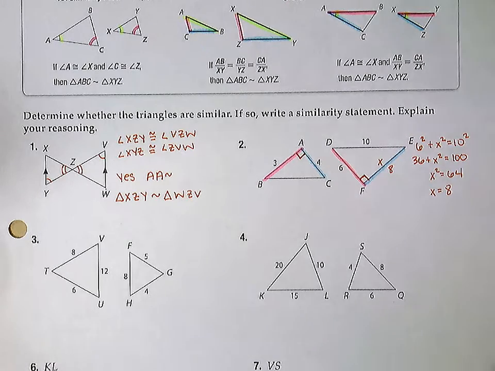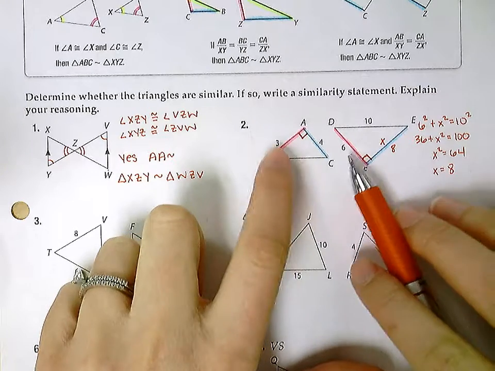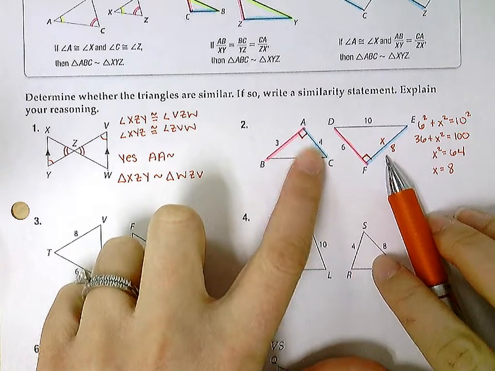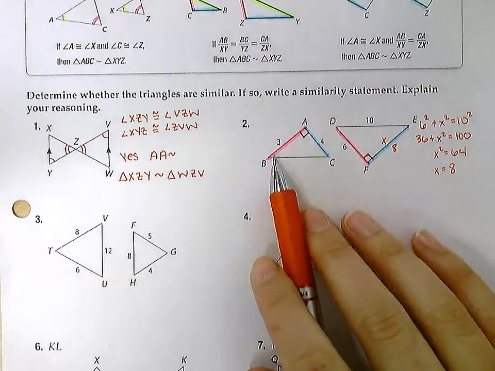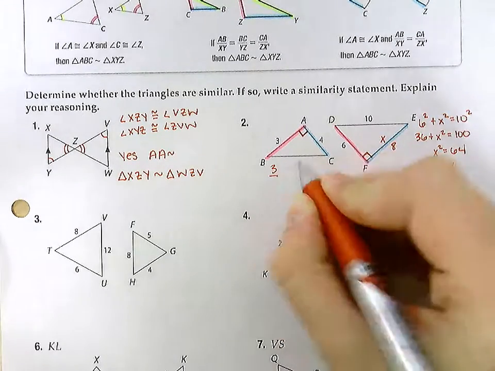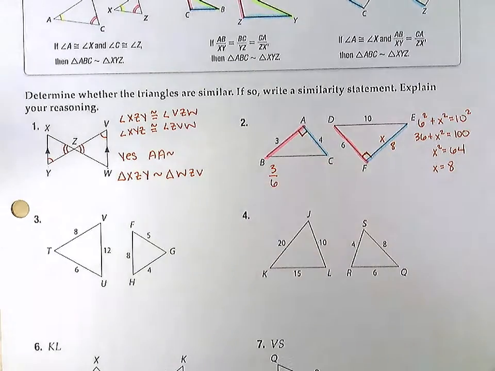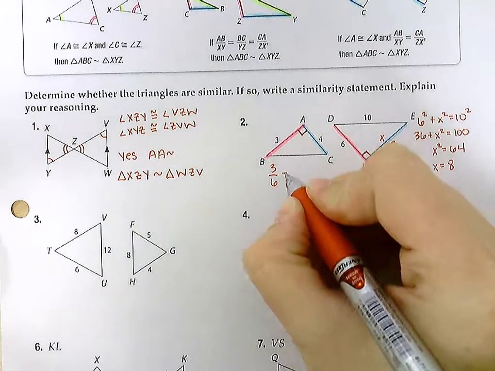Yeah? All right, so from here, since I have one pair of congruent angles and now I have the sides surrounding that, because I'm trying to see if this could be a side angle side similarity, I want to write out the ratio of these sides and then compare them. So from triangle ABC to DFE, using 3 and 6, I have my ratio of corresponding sides there.